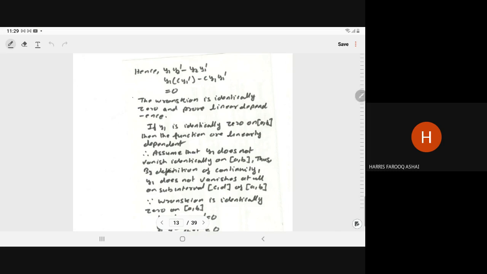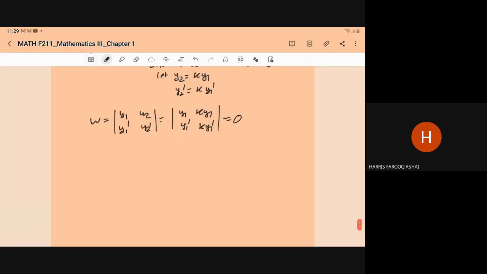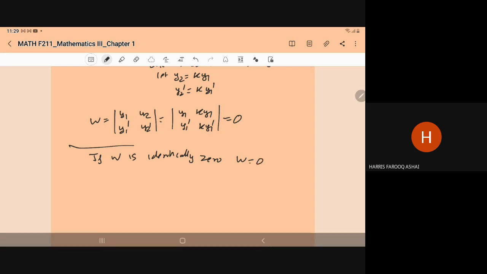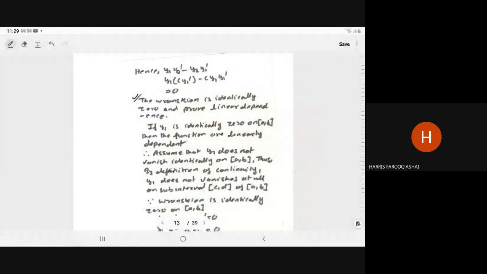Now we assume that W is identically 0, meaning W is equal to 0. If this is given to you, we have to prove that y1 and y2 are linearly dependent.